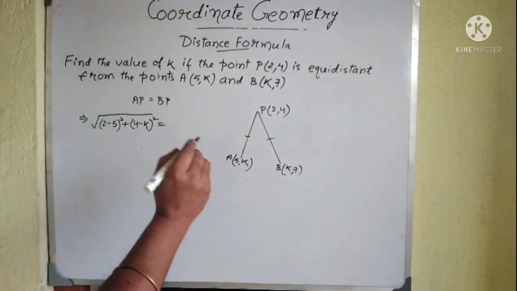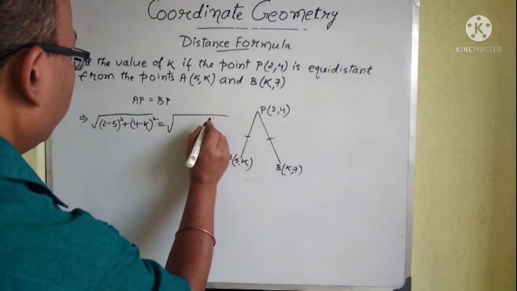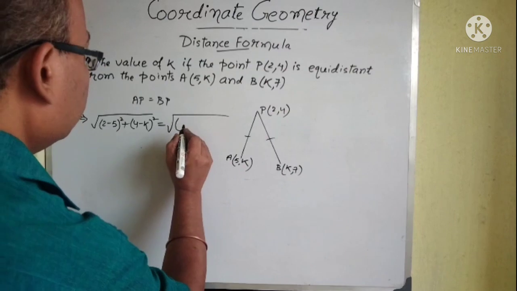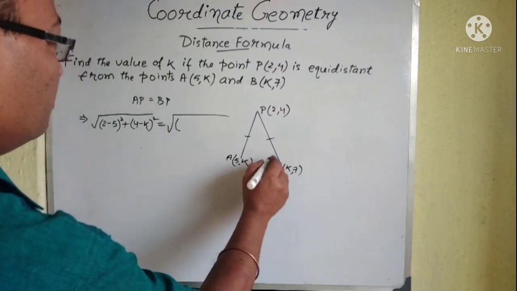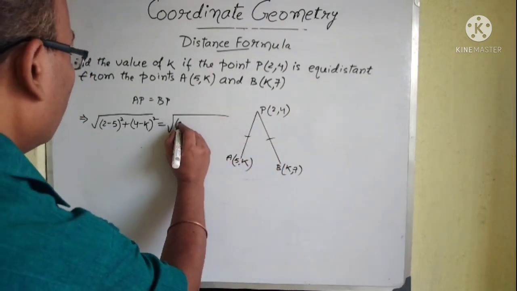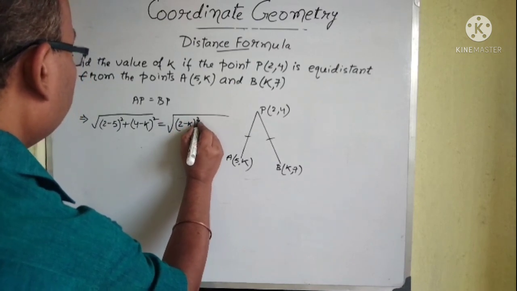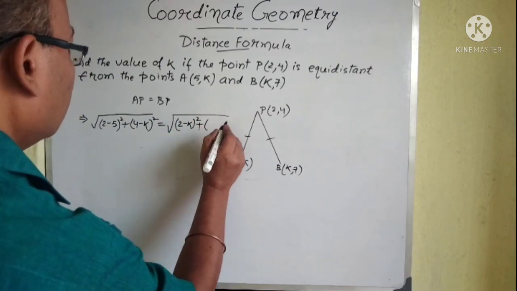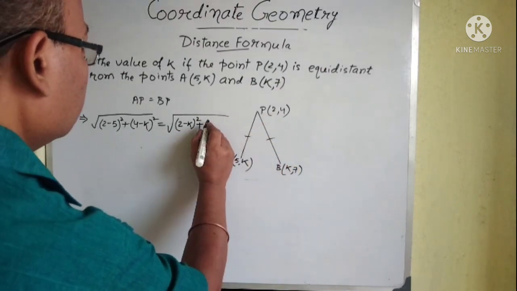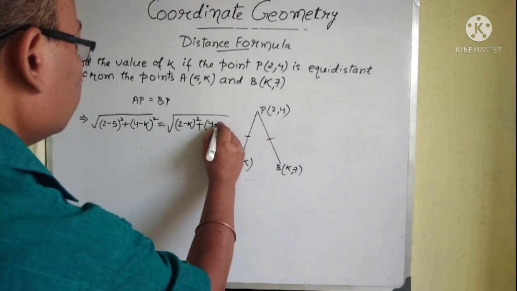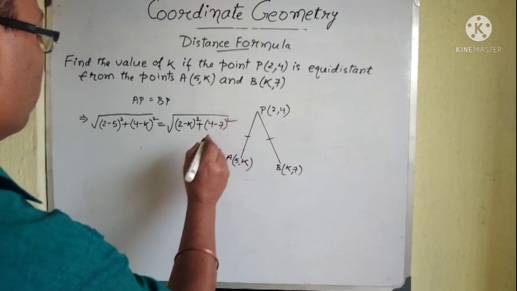Similarly for BP, square root of (2 minus k) whole square plus (4 minus 7) whole square.